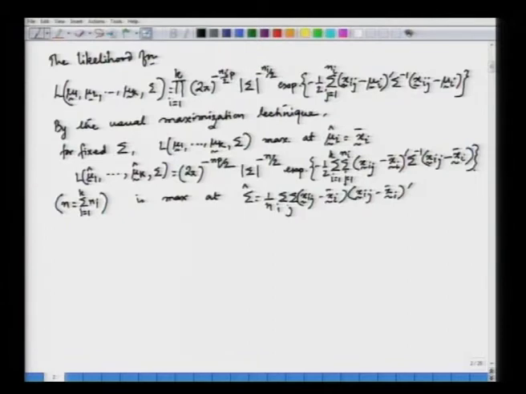For every mu_i, we have mu_i hat is x_i bar, and the sigma hat is coming like a matrix like this.